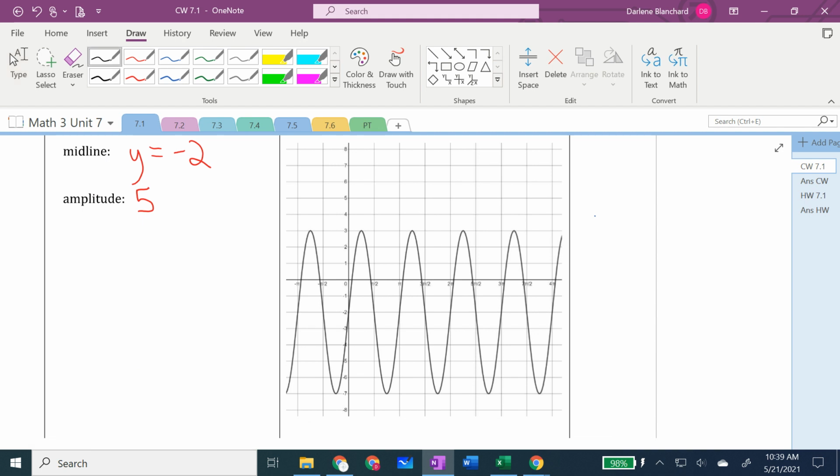If I look at this as a sine function, the amplitude is multiplied to that sine function. The midline is what I add or subtract to that function.